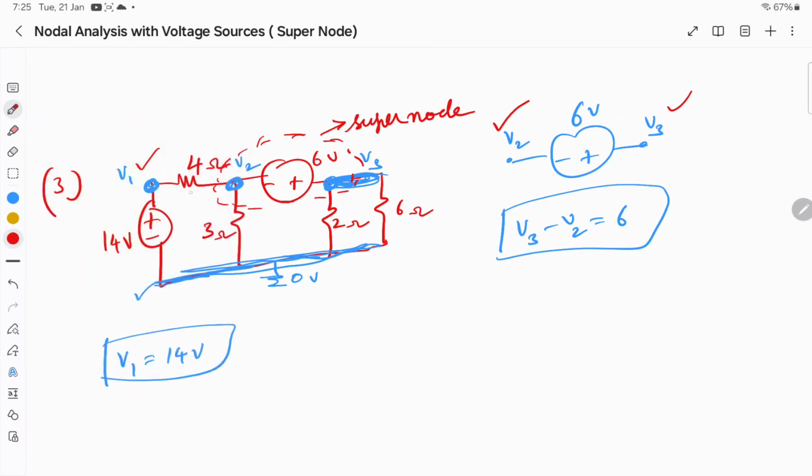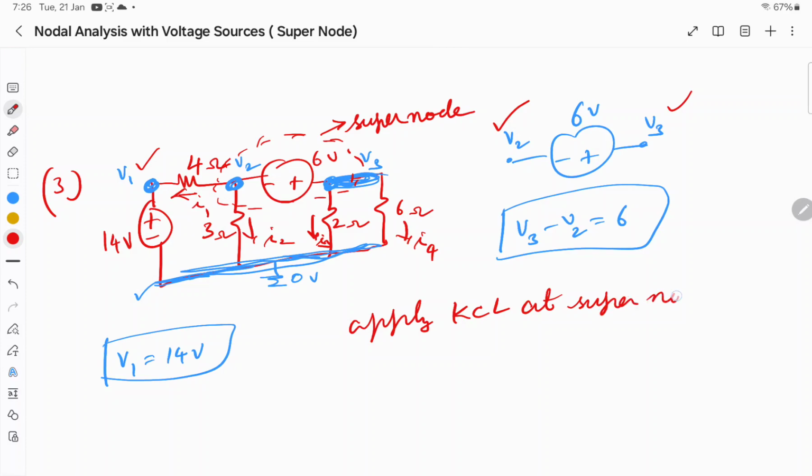Let me assume, yeah, this way: I1, I2, I3, I4. Okay, so apply KCL at the super node.